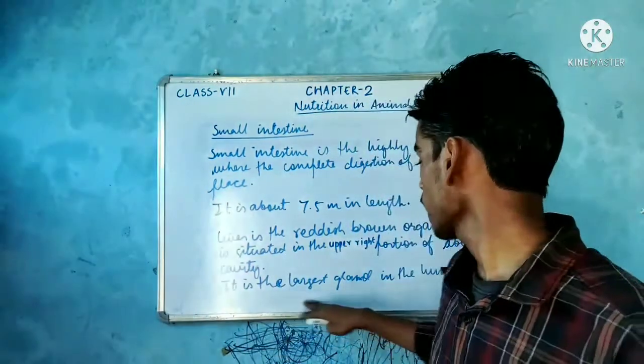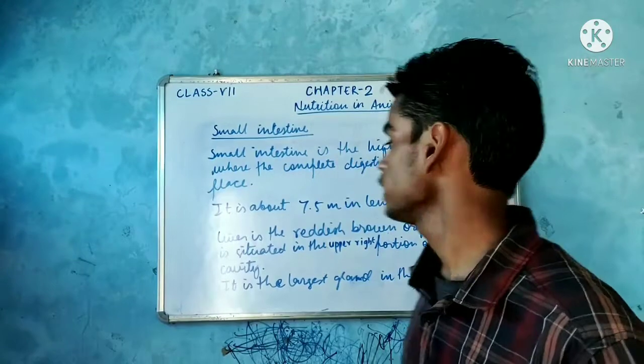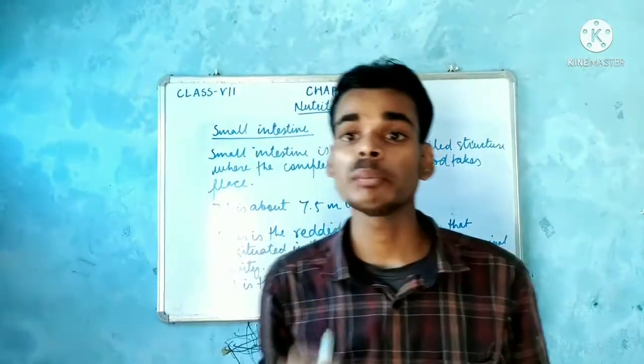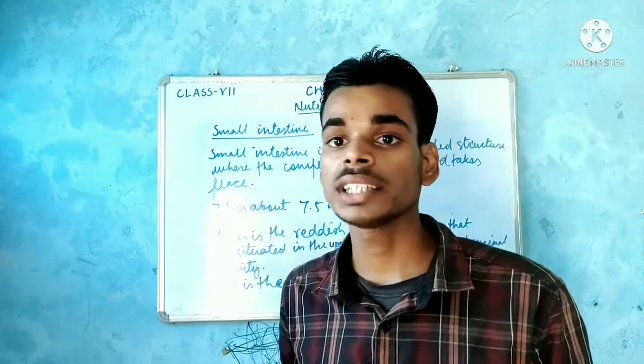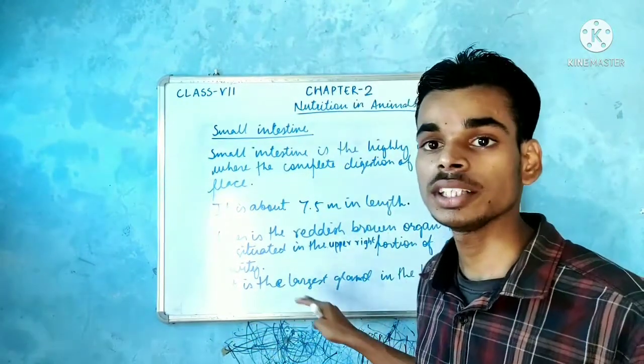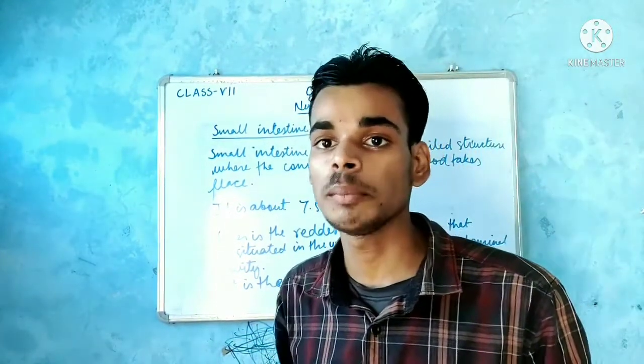It is the largest gland in the human body. It secretes bile juice that helps in emulsification of fat, and the bile secreted by the liver is temporarily stored in the gallbladder.